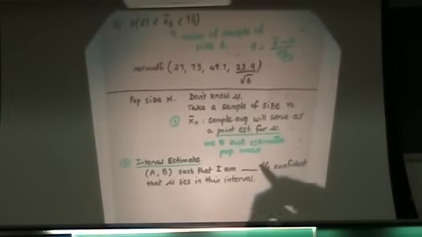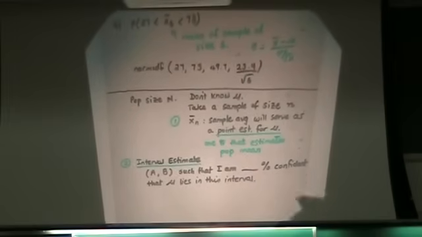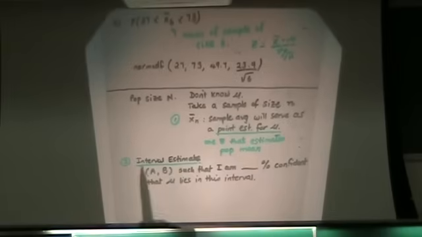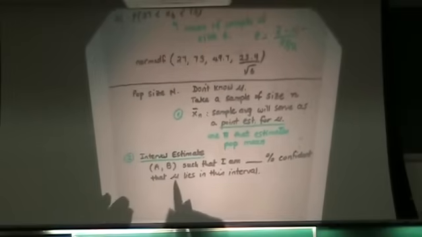And this number can vary. I could be 98% confident, 90%, 99%, right? So the confidence level can vary. So I'm looking for an interval estimate such that I am blank percent confident that mu lies in this interval. Wouldn't you agree with me that this interval needs to be a small interval?